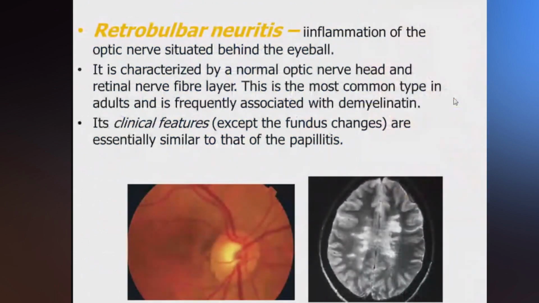As for retrobulbar neuritis, this is inflammation of the optic nerve behind the eyeball. During examination, we can see the normal optic nerve head and retinal nerve fiber layer.